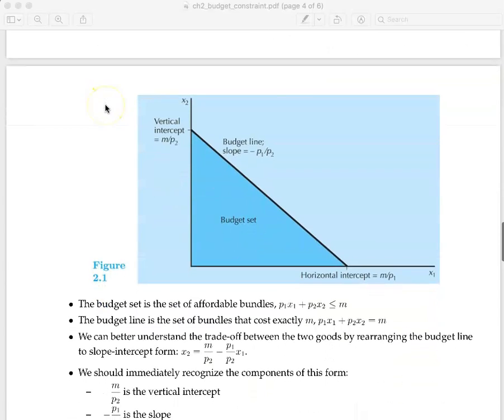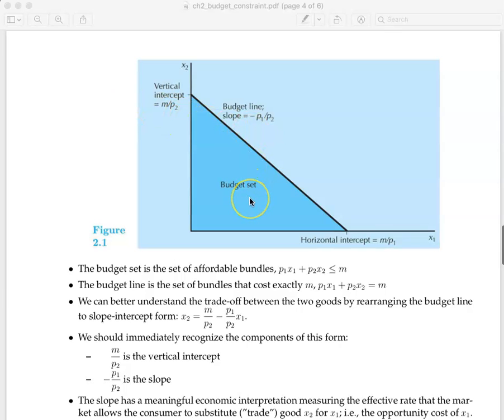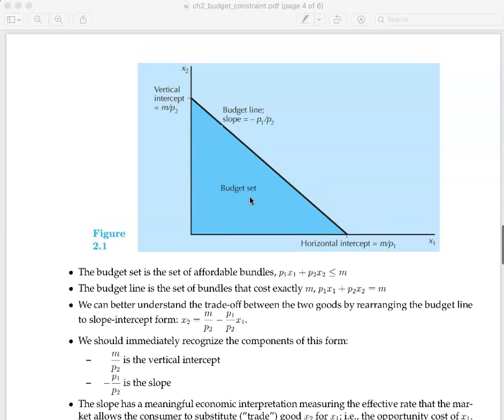And so graphically, we think of the allowable or feasible bundles as being within the budget set. So this is the set of bundles that are feasible given income M, right? And then there are bundles out here that are not feasible.